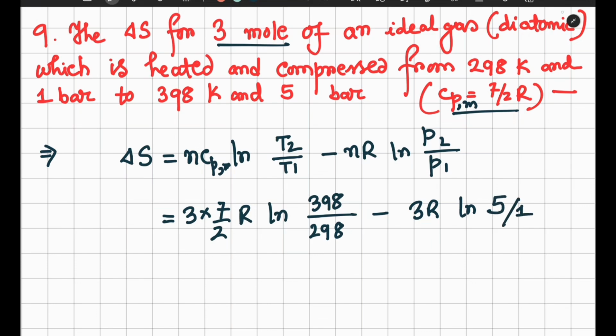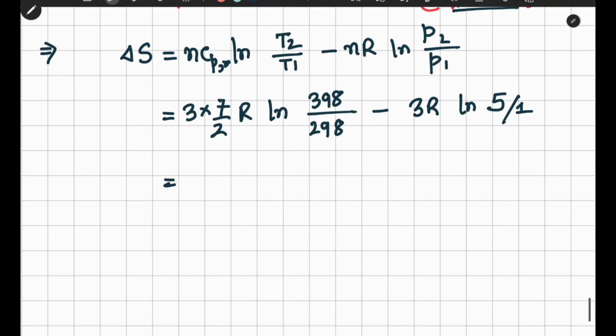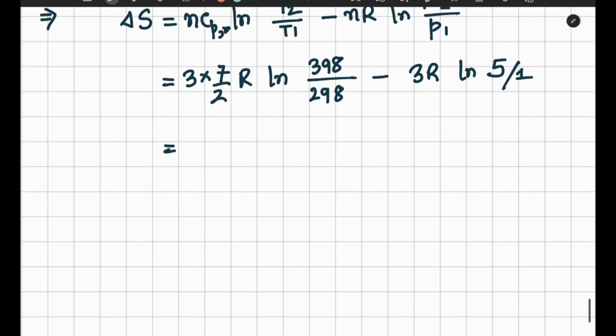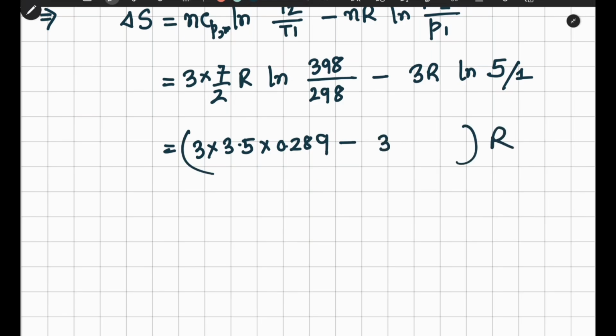Now if you calculate, first this value, ln 398 divided by 298, it is 0.289, so it will be 3 into 3.5 into 0.289 minus 3 into ln 5, and overall R.